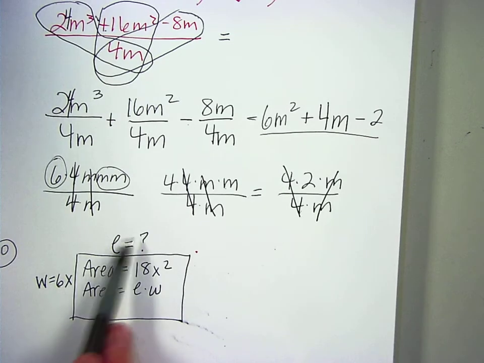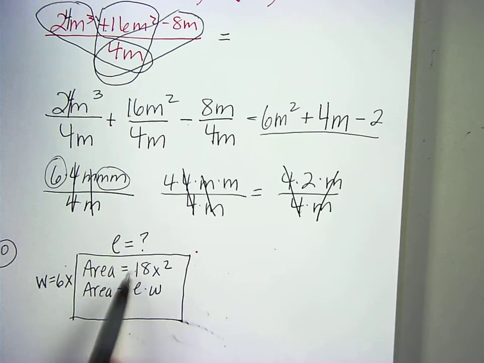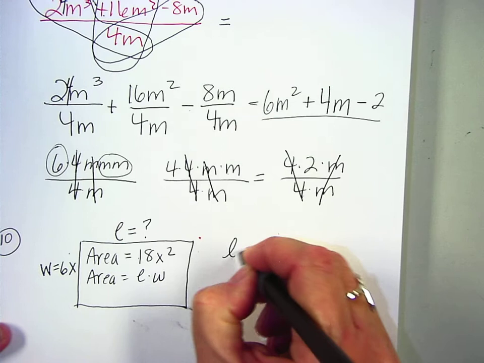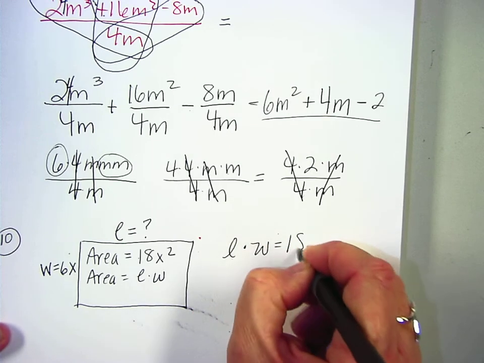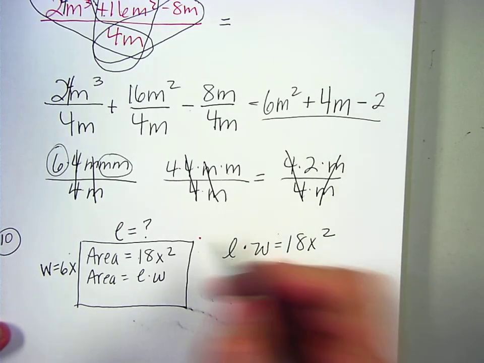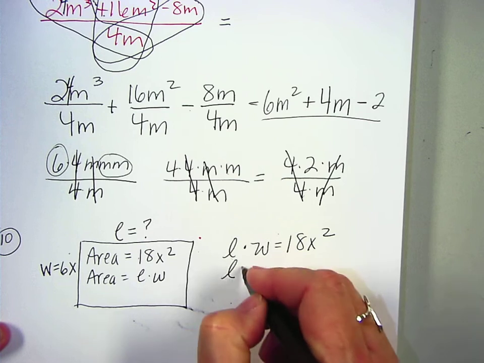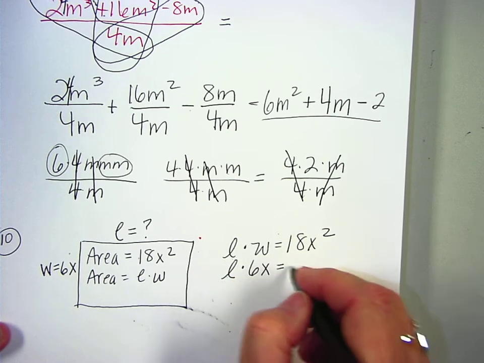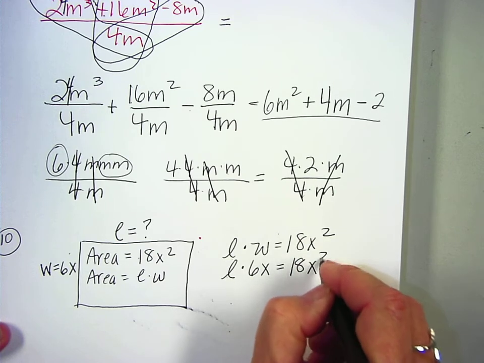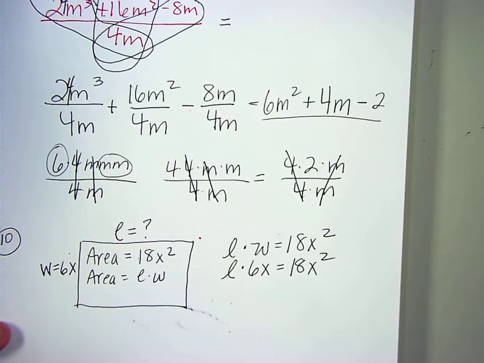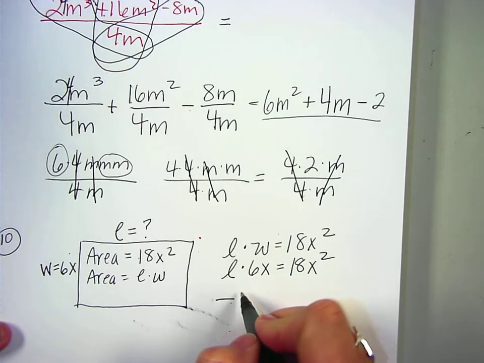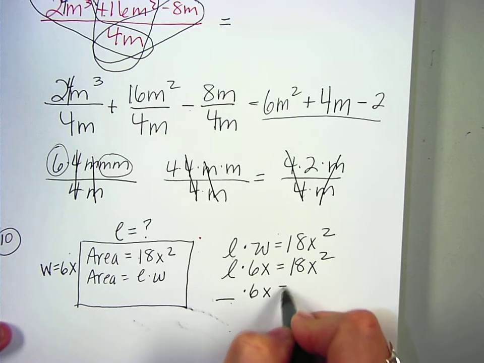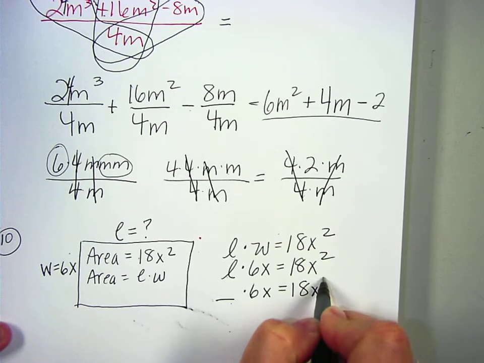Well, if length times width equals 18x squared, and the length I don't know, but the width is 6x, and this times this is the area of the entire rectangle, the question is, what's the length? What times 6x equals 18x squared?